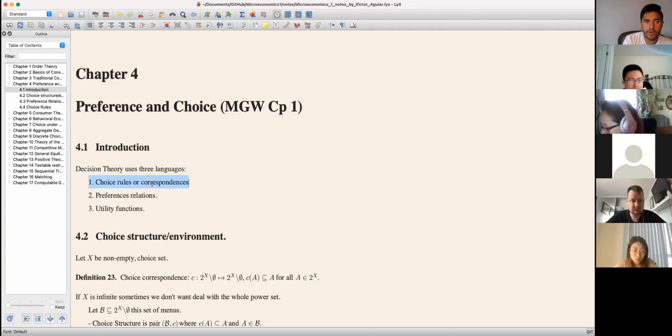And this is essentially a mathematical description of choices from choice situations, menus, budget lines, for instance, but they can also be other choice situations. And then out of them, the consumer will pick a subset of the choice set, right? In particular, when you are forcing the decision maker to be decisive, they will choose one alternative out of a menu, right?